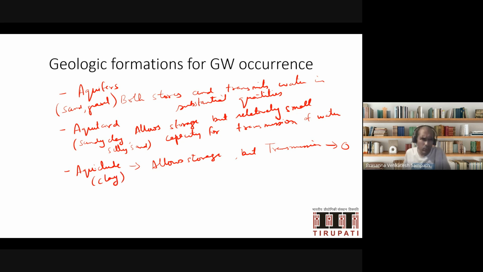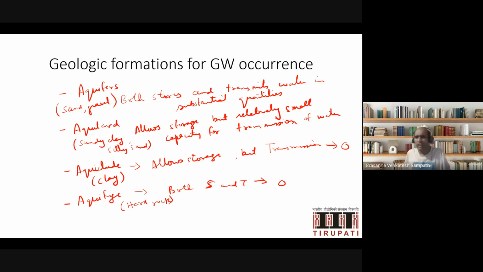Aquiclude is spelled AQUICLUDE. Okay, then the last one is aquifuge, AQUIFUGE. In this, both S and T tend to zero. And for this, the classic example would be hard rock.